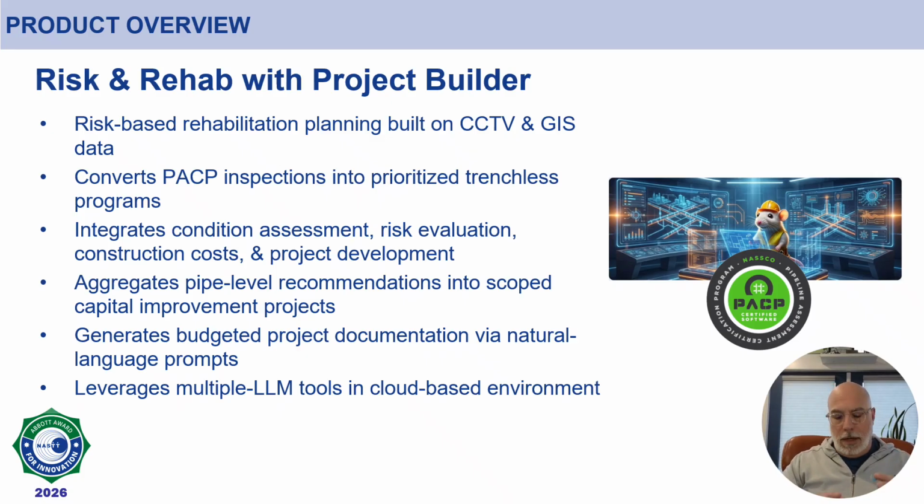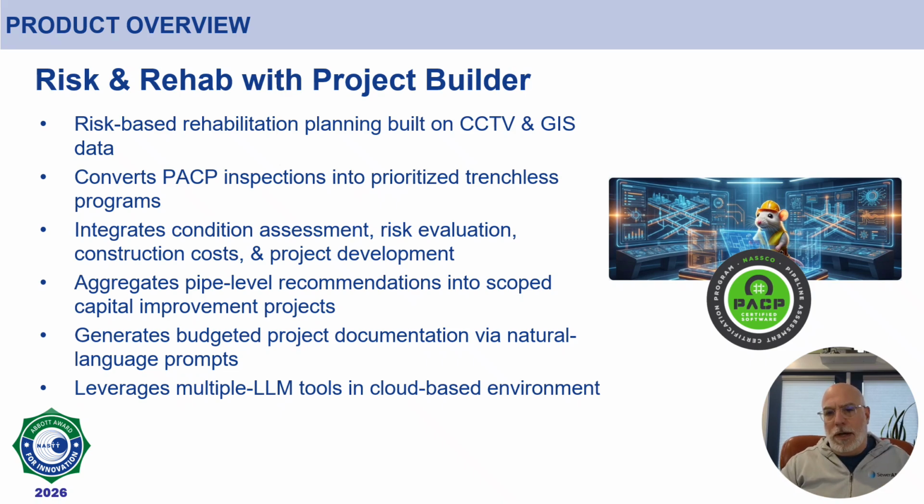Each asset receives two core components: a likelihood of failure, which is derived from condition data, age, material, and other structural indicators, and consequence of failure, derived from contextual factors such as proximity to sensitive facilities, environmental exposure, accessibility, and network criticality. These are combined through a configurable scoring matrix we refer to as a risk recipe. The output is a 0 to 5 risk score for every segment, automatically recalculated whenever new inspection data is introduced.